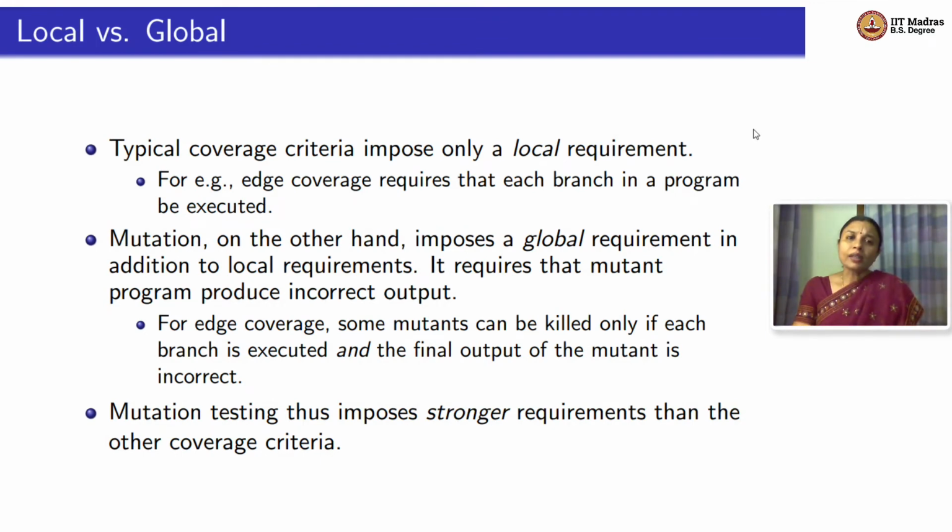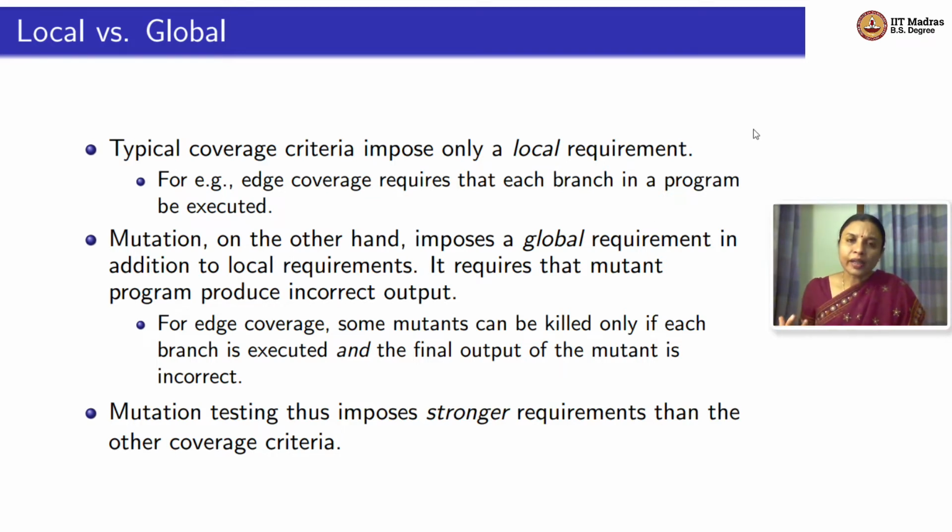Another important thing is coverage criteria typically impose a specific or a local requirement on the software artifact being tested. If I say node coverage, and I apply it at a method, it means execute every node or every basic block that corresponds to the node in the code. If I say edge coverage, it means execute every branch in the control flow graph.